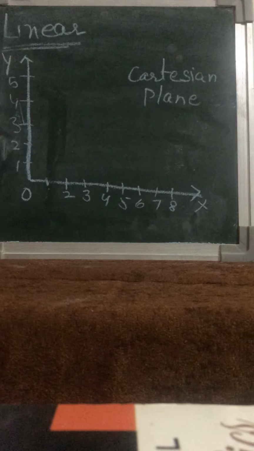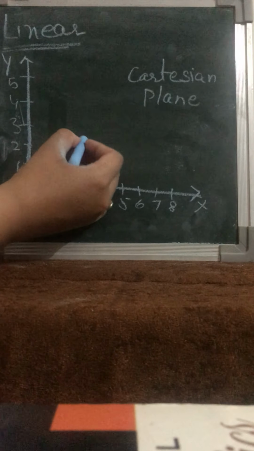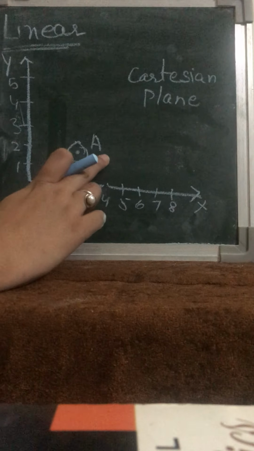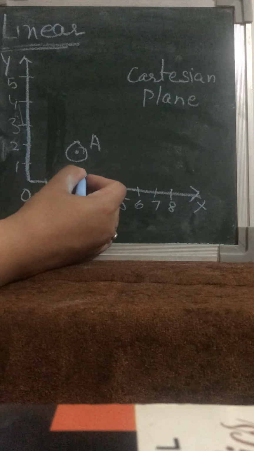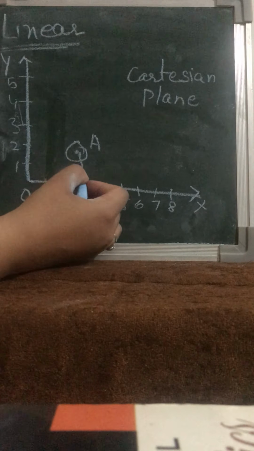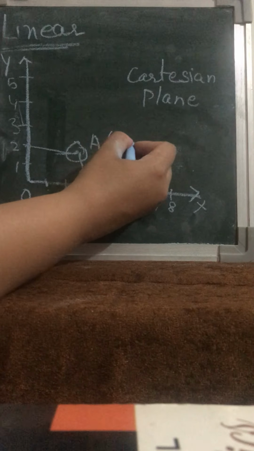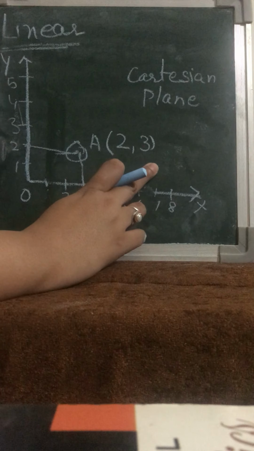Now let's do that same activity again. I have a point here, A. Now I want to know the coordinates of the point. So from 3 on the x-axis and 2 on the y-axis, the coordinates of the point are 3, 2, right?